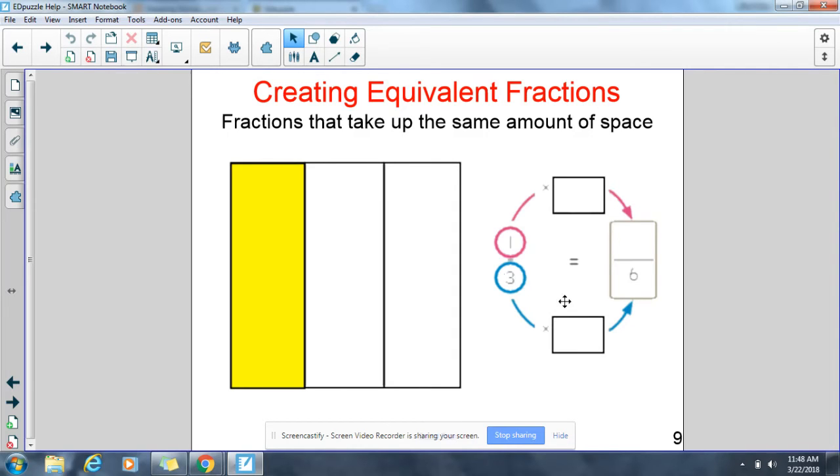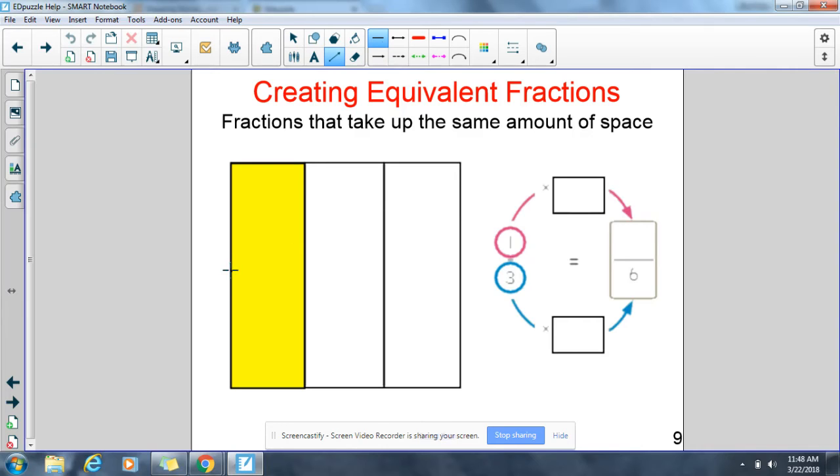And here's the thing. I can change thirds into sixths by using multiplication, but I can also do that by cutting my pieces into something. What would I cut thirds into to make sixths? Very good, I'd have to cut my thirds in half, because think about what happens when I do that.